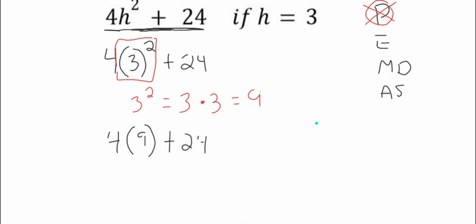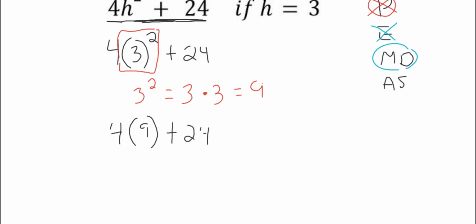Next, so I'm done with exponents. There's no more exponents. So I have to check to see, is there any multiplication or division? There is multiplication. When there's two numbers next to each other in parentheses like this, it means multiply. So that says 4 times 9. 4 times 9 is 36.